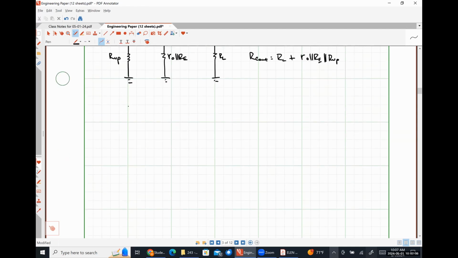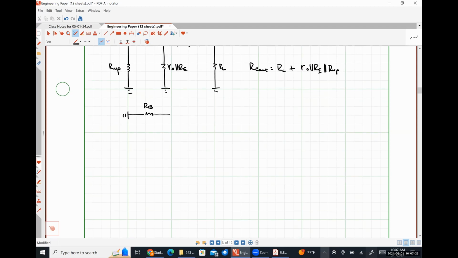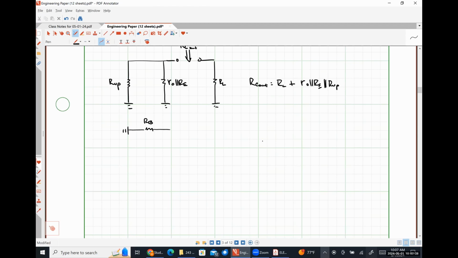So I'm going to look at my small signal model. I'm going to call this resistance right here RB. This is just whatever resistance we have connected between the base terminal and ground. So that is going to be R1 in parallel with R2 in parallel with R sig. Okay. Here's our base terminal.